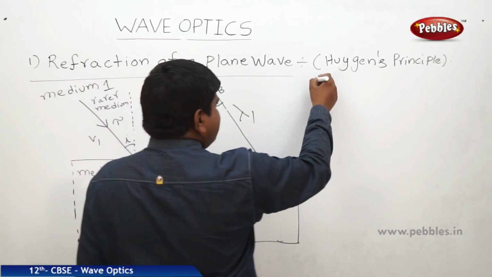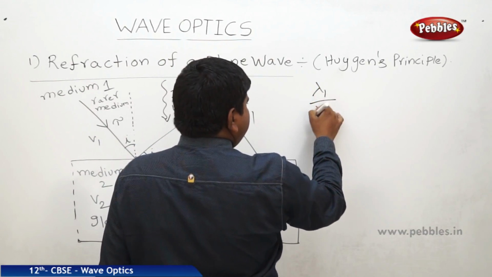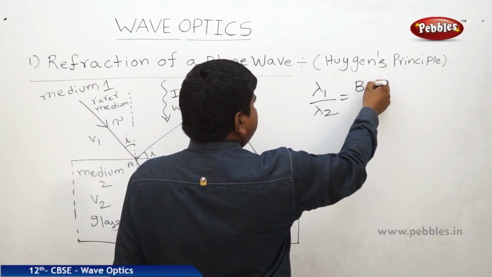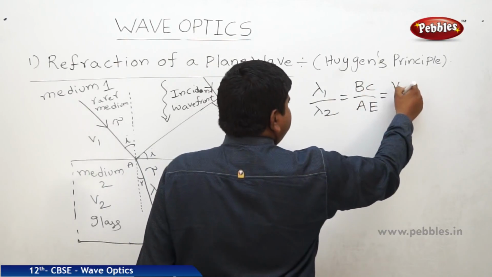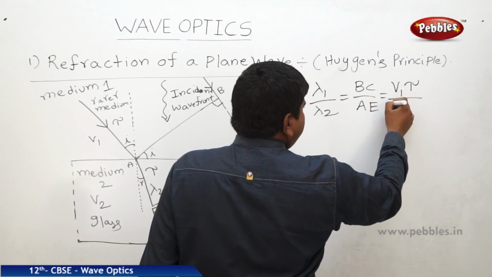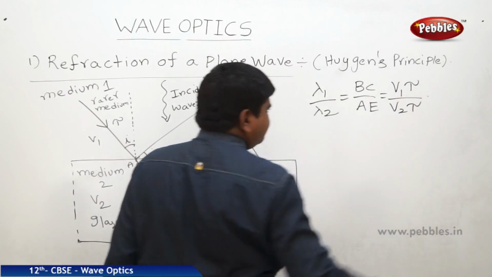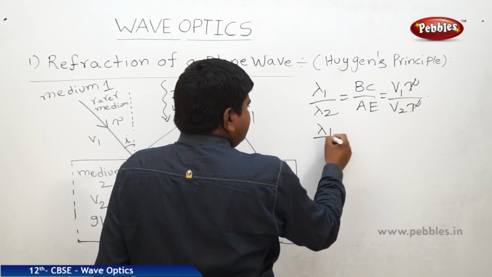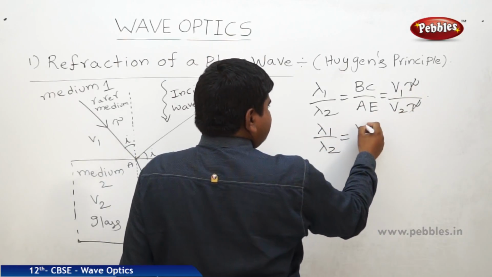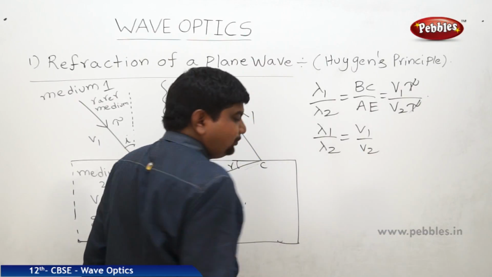So lambda 1 by lambda 2 is equal to BC by AE, but what is BC? v1 tau, AE is v2 tau. So tau gets cancelled. Therefore lambda 1 by lambda 2 is equal to v1 by v2.